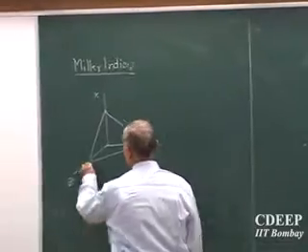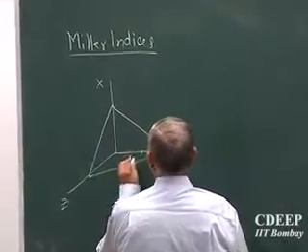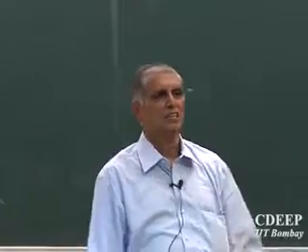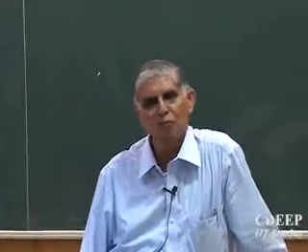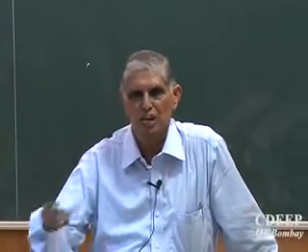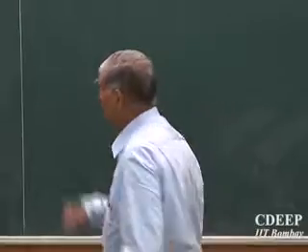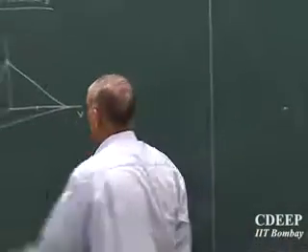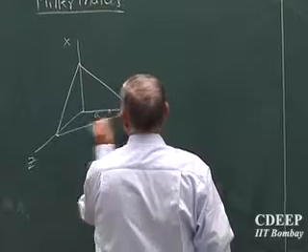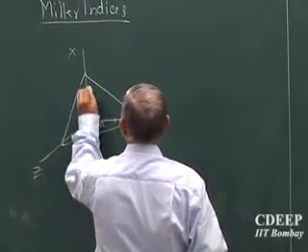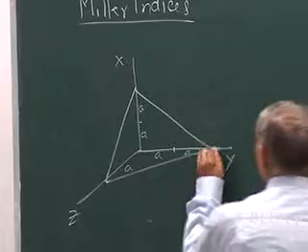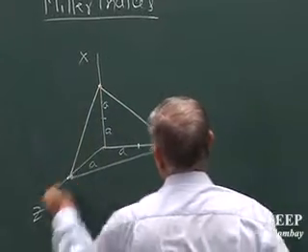One important property of this plane is that its intercepts should be in multiples of the lattice edge: A, 2A, 3A. Half is not taken, because if you double everyone then it becomes the same. So this is A, this is A, this is A. This plane has these vertices.